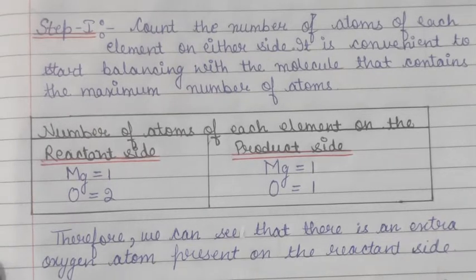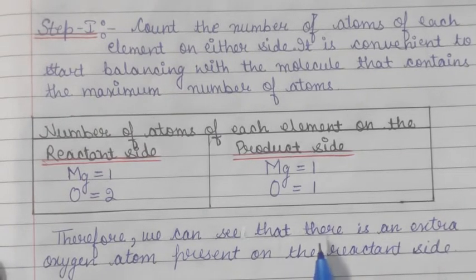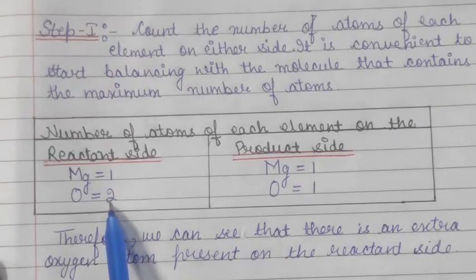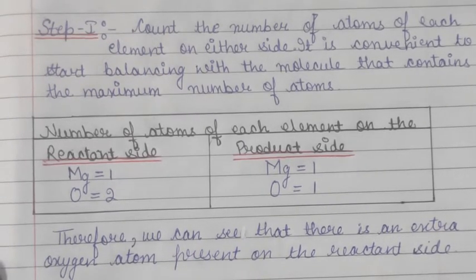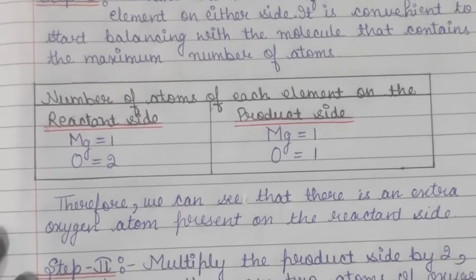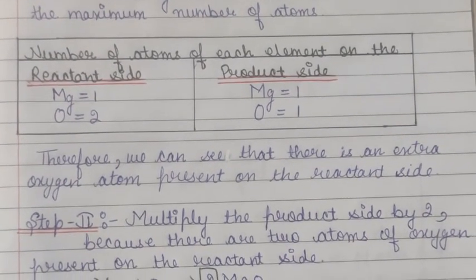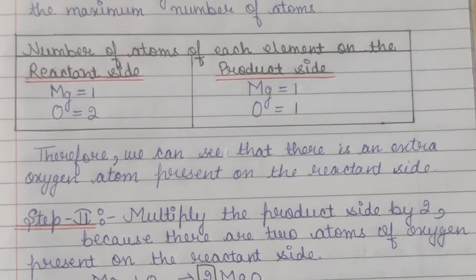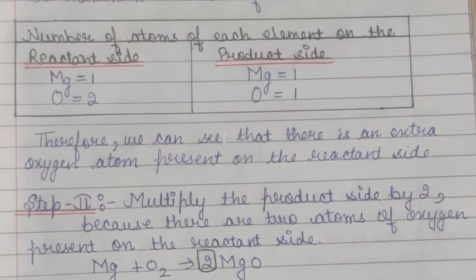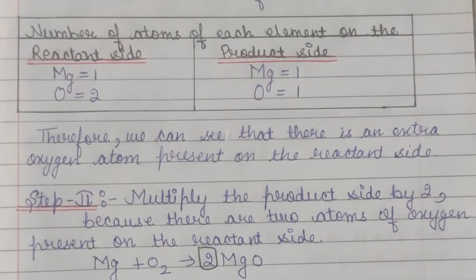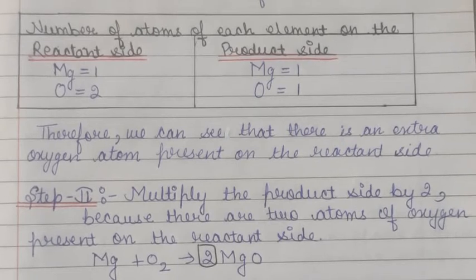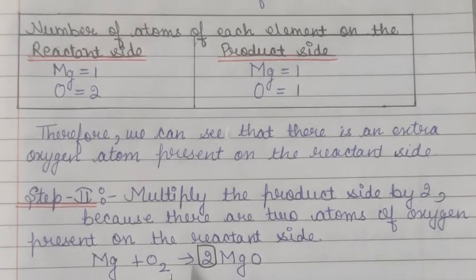Therefore, we can see that there is an extra oxygen atom present on the reactant side. So let's move on to step 2. Multiply the product side by 2 because there are 2 atoms of oxygen present on the reactant side.